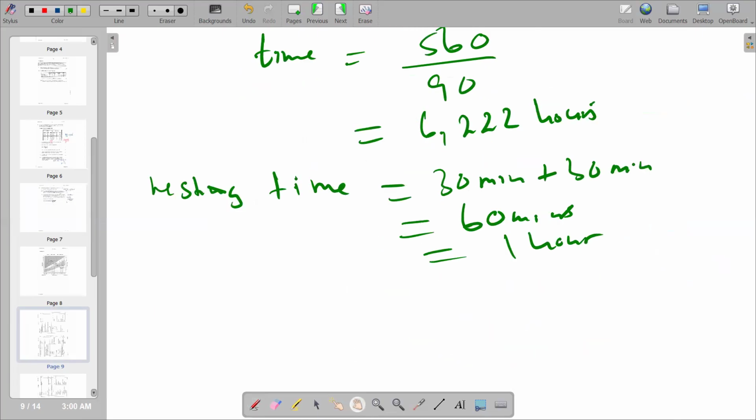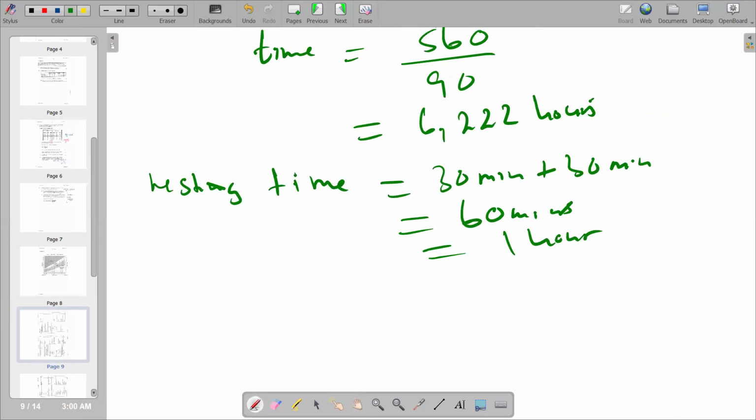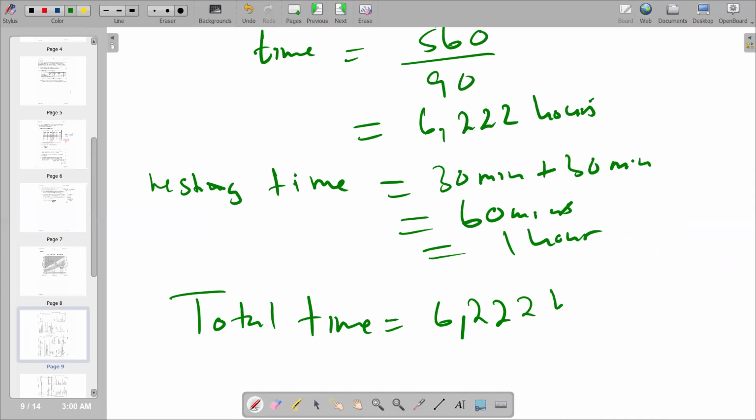So total time is equal to 6.222 hours plus 1 hour. 6 plus 1, you get 7, so it becomes 7.222 hours. So this becomes our total time that we have.